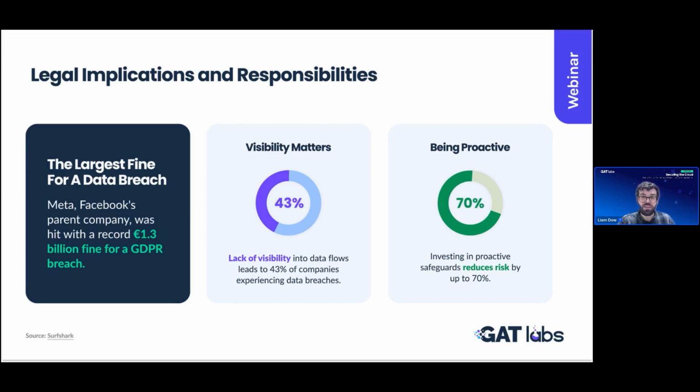And then being proactive, treating data security as a priority. Investing in proactive safeguards, whether that's software, staff, or resources, towards data security is going to reduce the risk by up to 70%. So I think those are the main things to keep in mind: you need to ensure you've got visibility of the things that are happening in your environment, and you need to take a proactive approach. If you do both of those things, it's going to do a lot to really protect you.